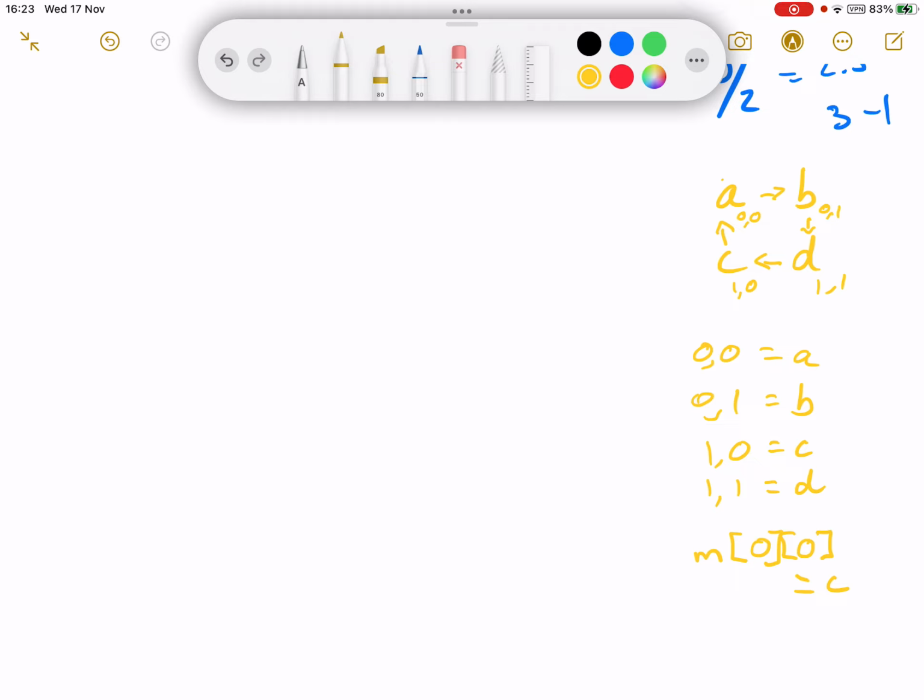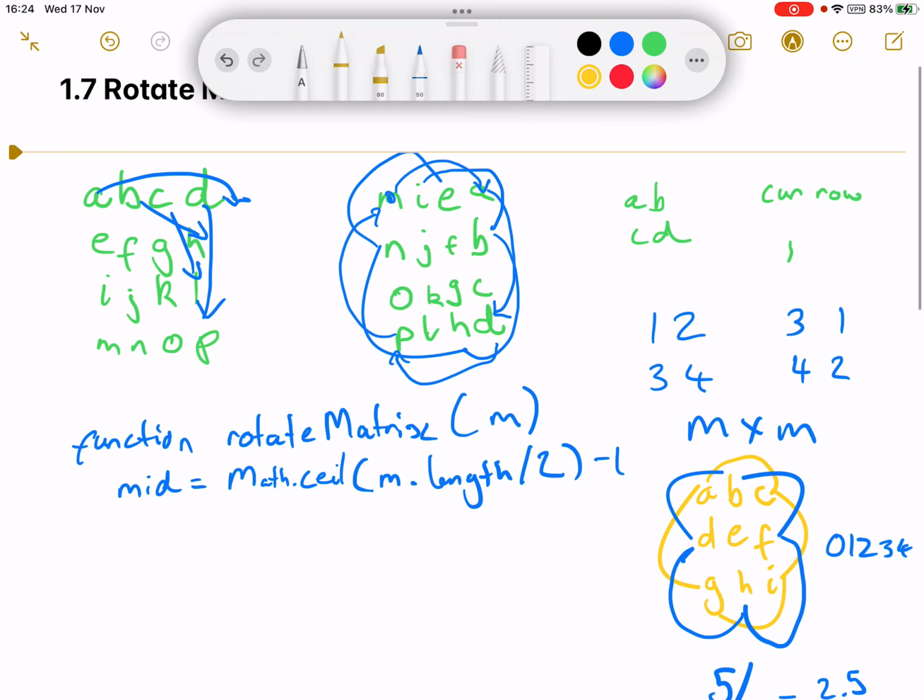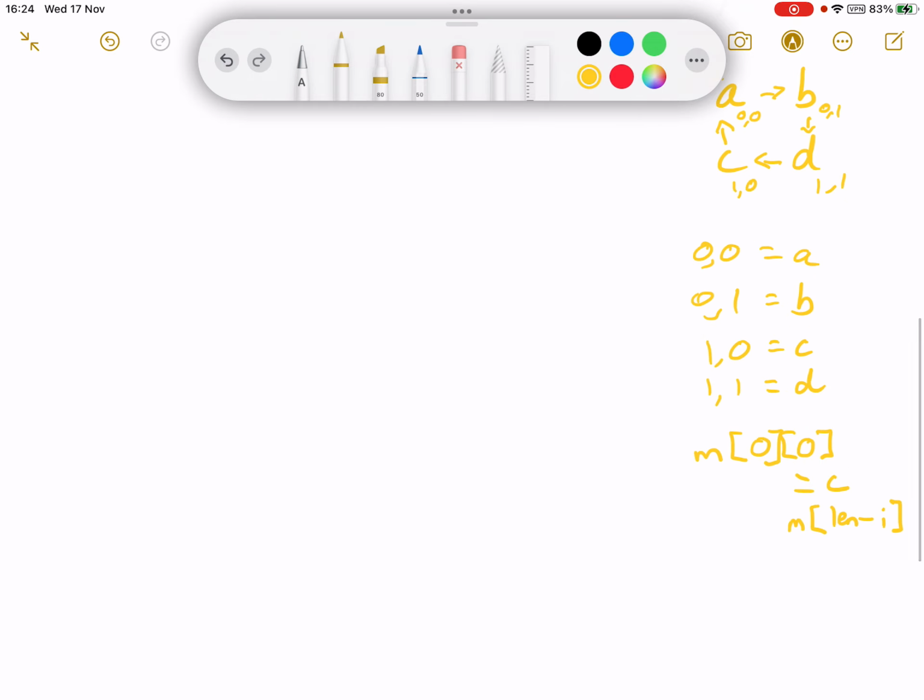Which is the same as M, then len 2 minus I. So the midpoint is that. So, okay. So, yeah, is equal to that.